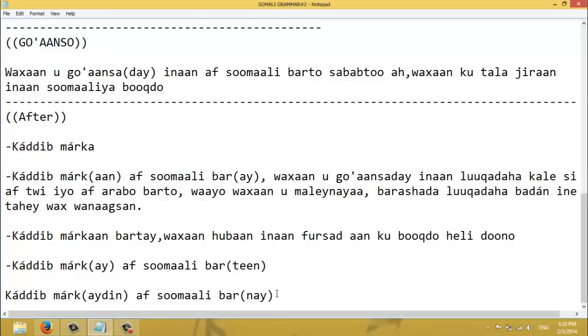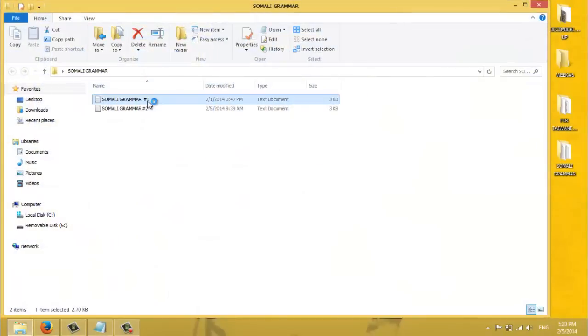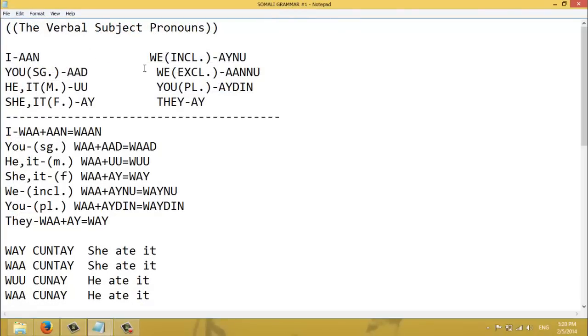Okay, hold on. I have to go to my messy desktop real quick. I didn't want you guys to see my messy desktop, but I have to look at something just to confirm. Okay, yeah, I'm right. So Aiden, that's you plural.